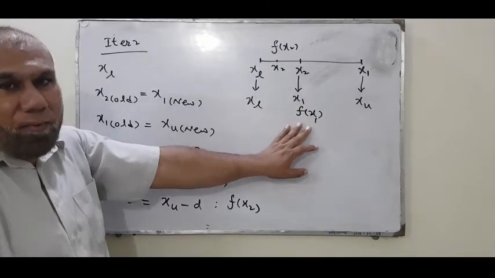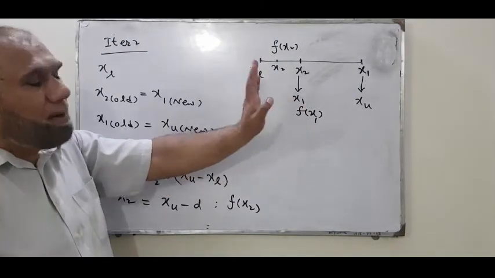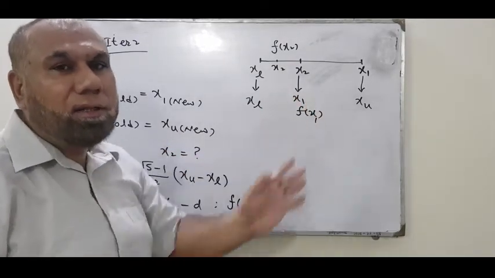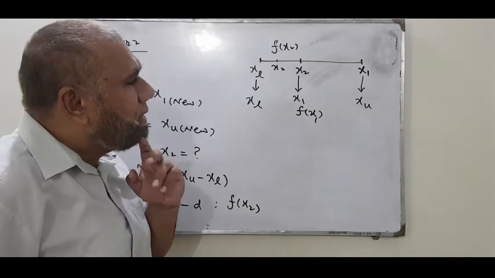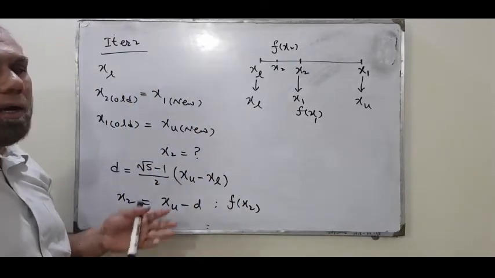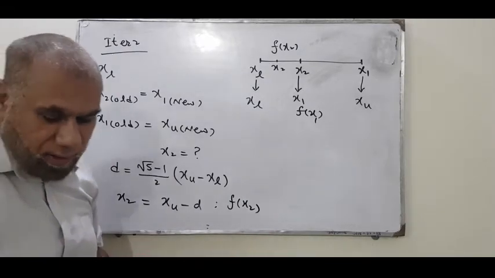And wherever the optimum value lies, you have to keep yourself at that place, and then use the other 2 points around it, discarding the 4th point. So this is the way through which we can approximate the optimum value of a function of a single variable.